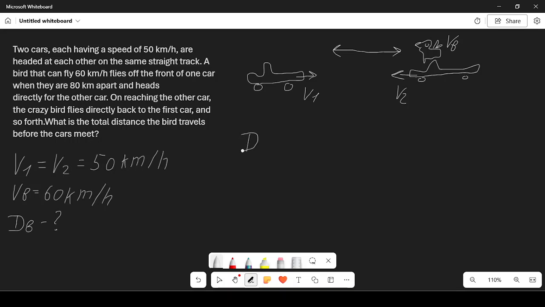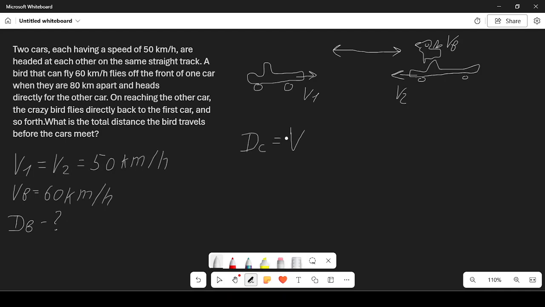Okay, the distance between the cars is the speed with which the cars are approaching one another multiplied by time. This speed is the sum of the speeds of each of the cars. It's like a cumulative speed.